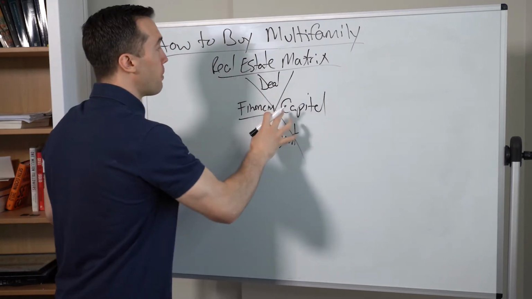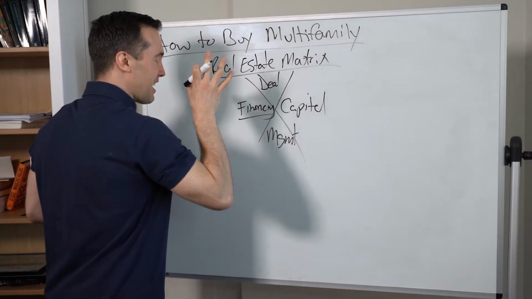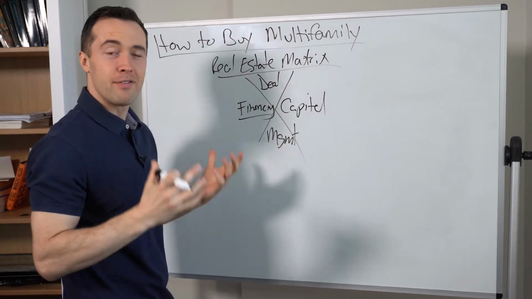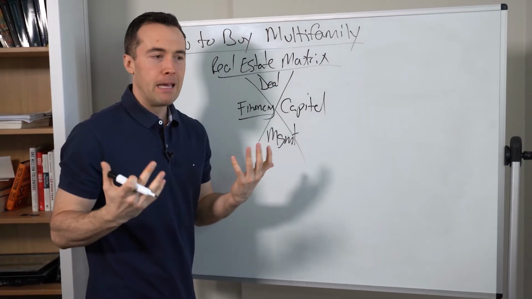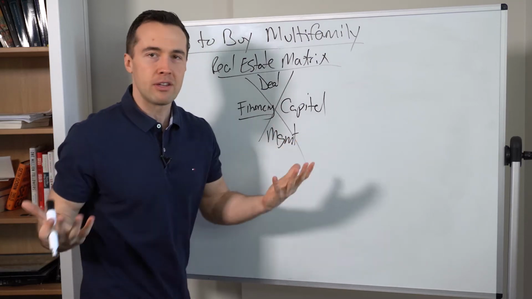And how we go about buying or acquiring multifamily properties has everything to do with what mix of the four components we have at our disposal and what we need. So let's come up with an example. Let's say we are acquiring a $5 million property.